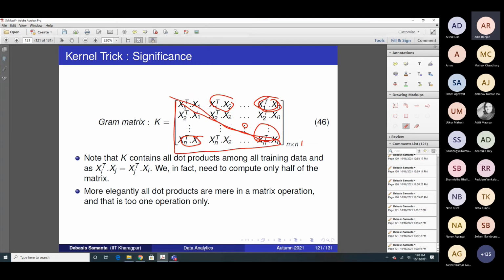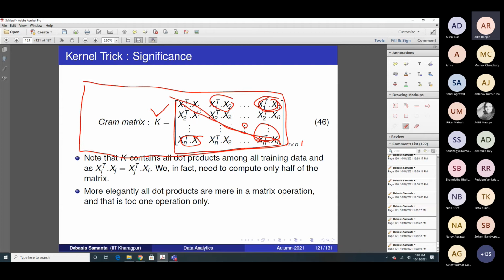So only one triangular part needs to be computed. So not n square computation, rather we can say n square by 2 computation is required. Now if we store all these dot product results into a matrix, then that matrix is called the K matrix, or simply called the Gram matrix. So it is another matrix that we can store, and it is essentially a 2D matrix.